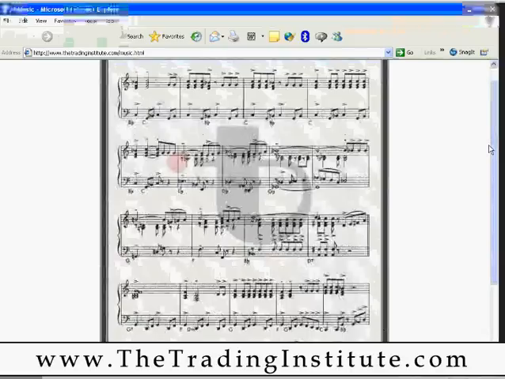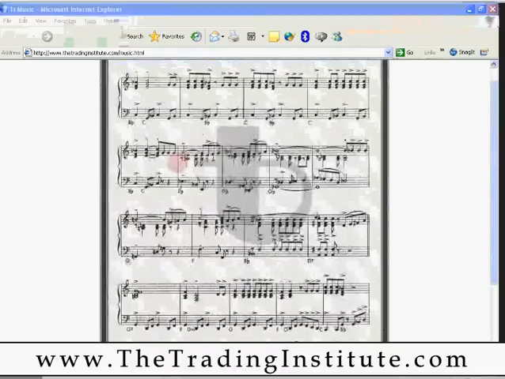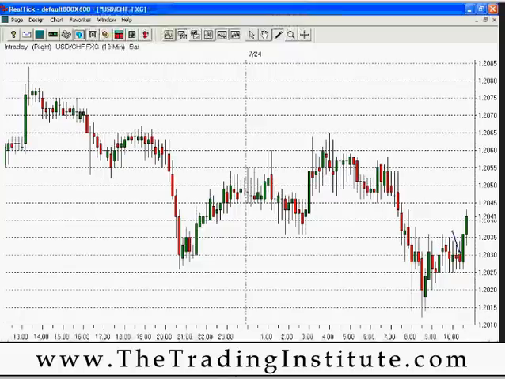And in the case of the musician, they can play the instrument now because each one of these notes represents a visual cue. For the trader, looking at price, each one of these candlesticks and the patterns that start to develop are also visual cues.